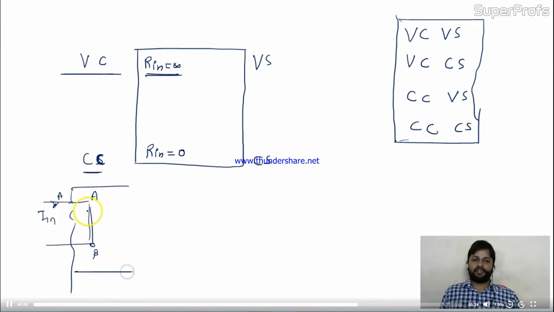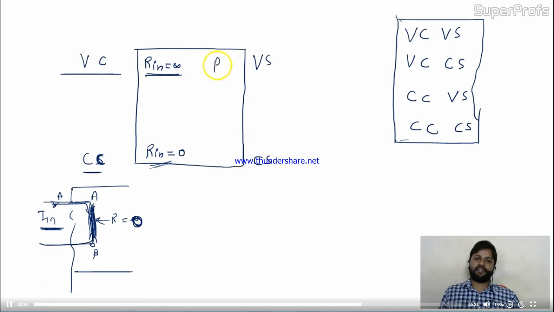Into this system you need the entire current that is coming. If you take R infinity, no current will come into the system. So if you want to take maximum current, you need R in short circuited, or you have to take 0. In the case of 0, the entire current will come to the system only. That's why we are choosing R in equal to 0.